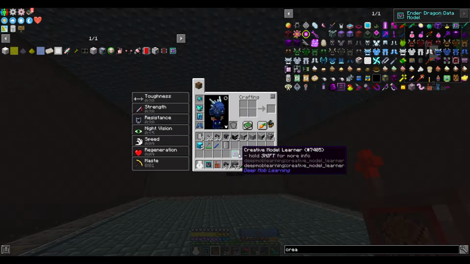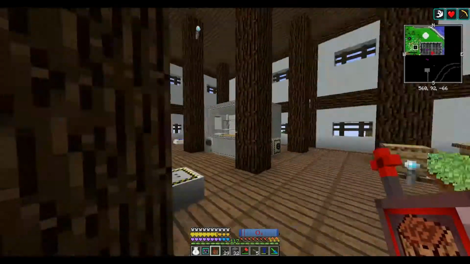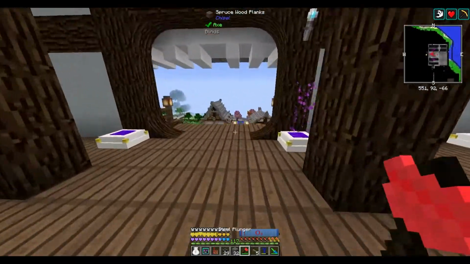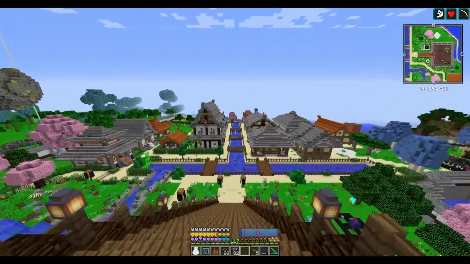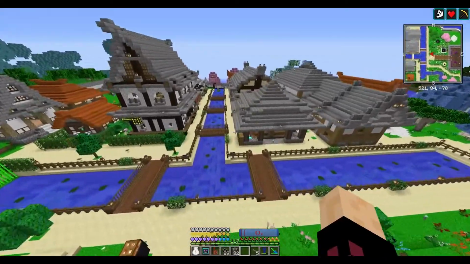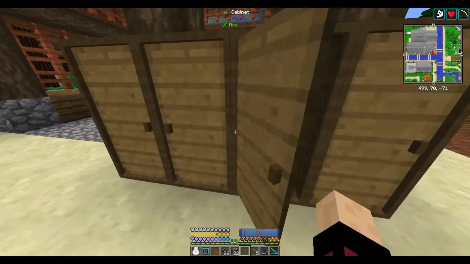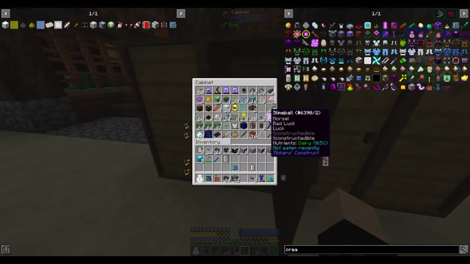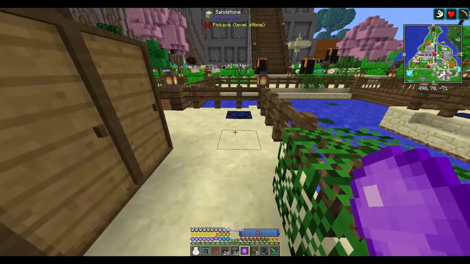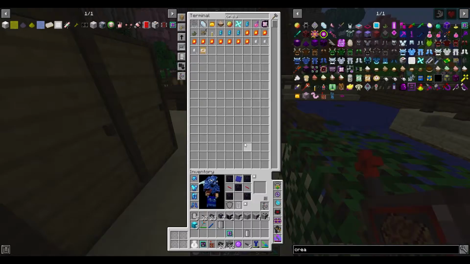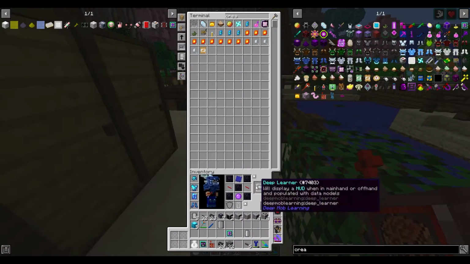It's faulty, but since we have the creative one, it shouldn't really matter. Let me go look for that pink slime. Hey, there we go. We have one. And that should be everything.